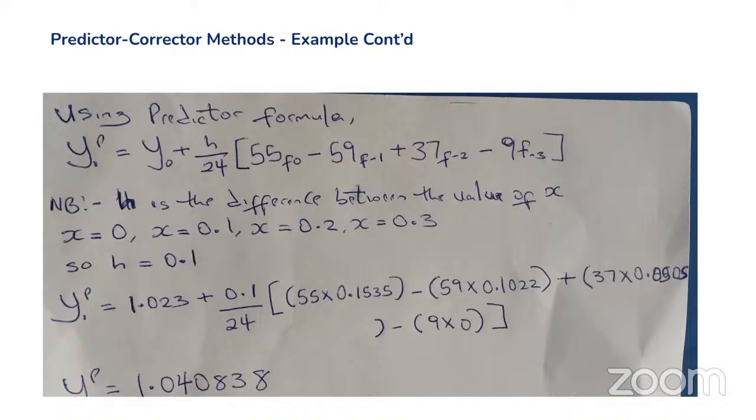So after inserting for f subscript minus 1, f subscript minus 2, f subscript minus 3, and after you solve all this, we now get the value of our y subscript 1p, which is now equal to 1.040838. So Miriam, please can you go to the next slide?